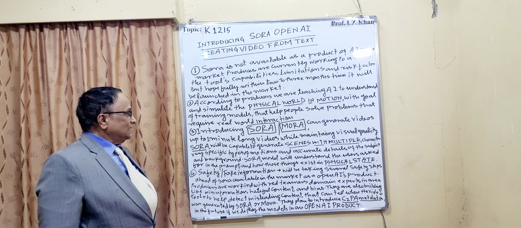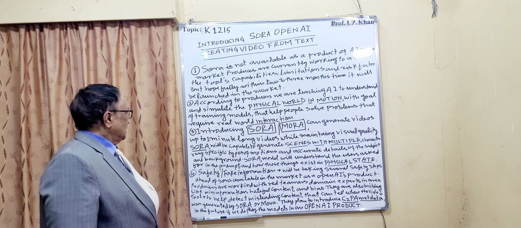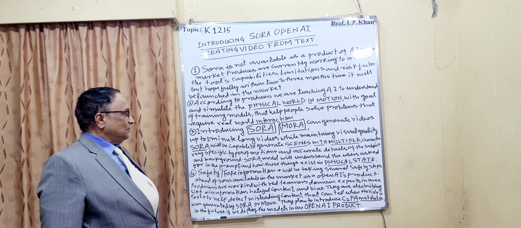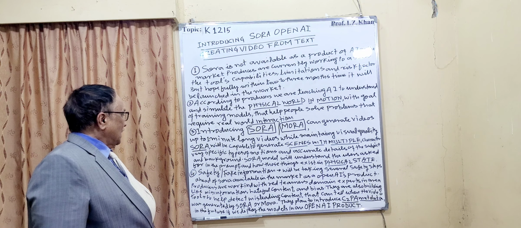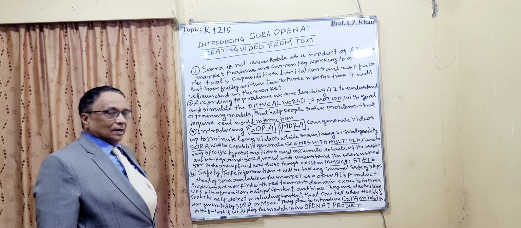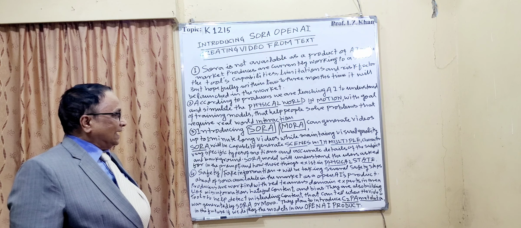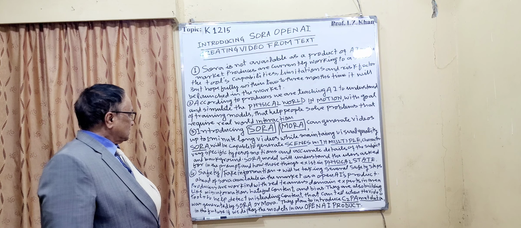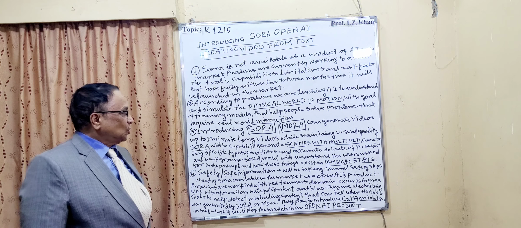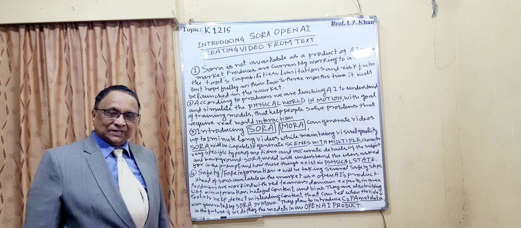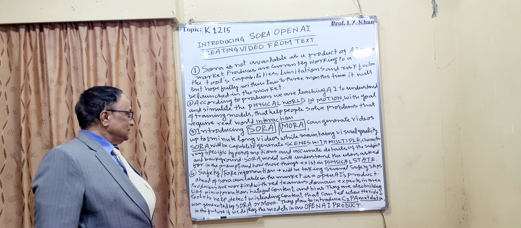Sora will be capable of generating scenes with multiple characters, very specific types of motion, and accurate details of the subject and background. The Sora model, the OpenAI product, will understand what the user asked for in the prompt and how those things exist in the physical state in the world or in the universe.